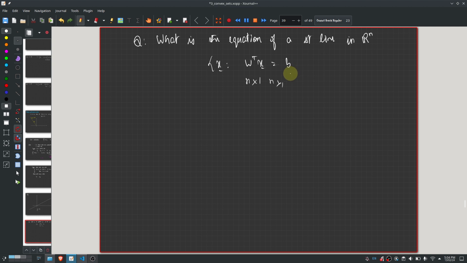Are you sure? Would this correspond to a straight line? What kind of a set does this describe? The set of all x with W transpose X equal to B. What you've given me is a description of a hyperplane.